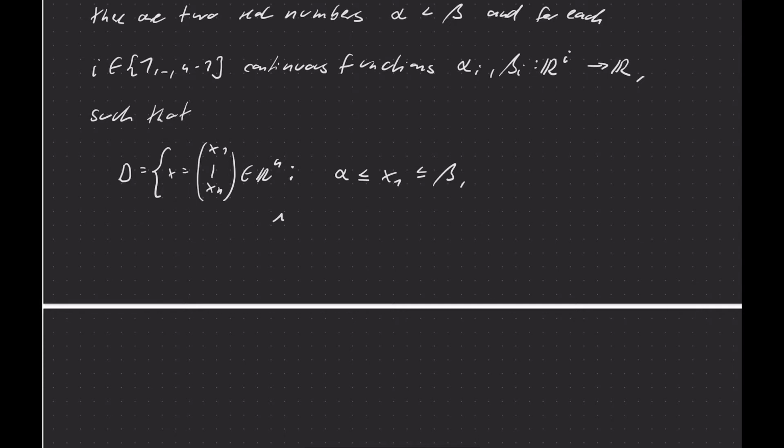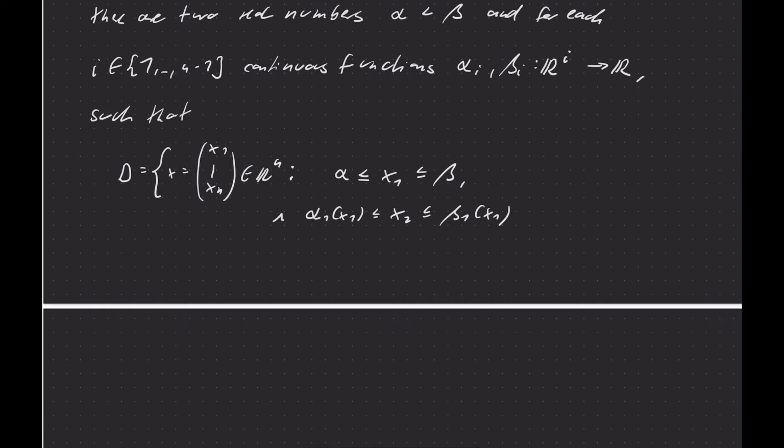So for the coordinate x2, we want a lower bound of alpha 1 of x1 and an upper bound of beta 1 of x1. Those bounds may now depend on the value of x1.